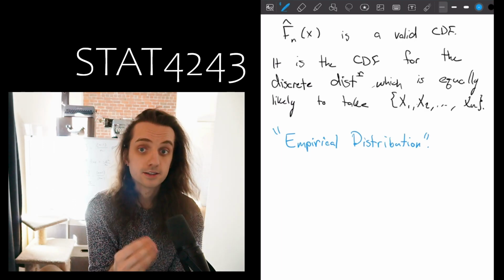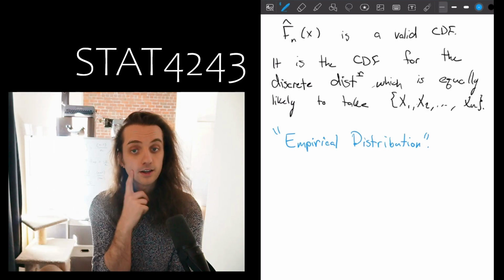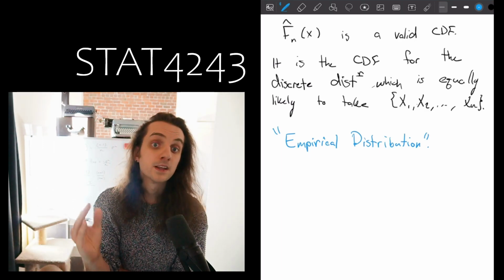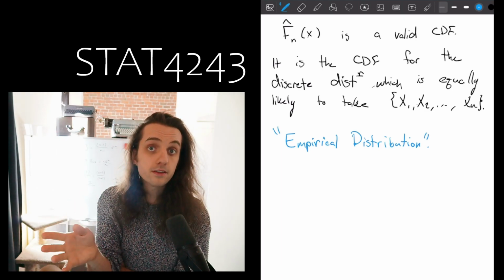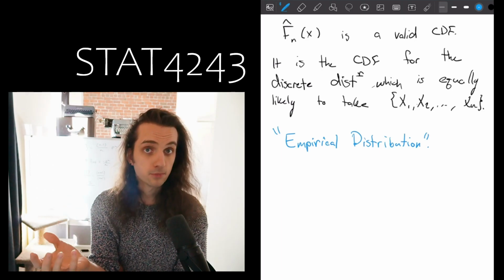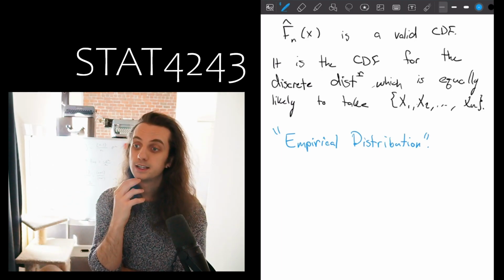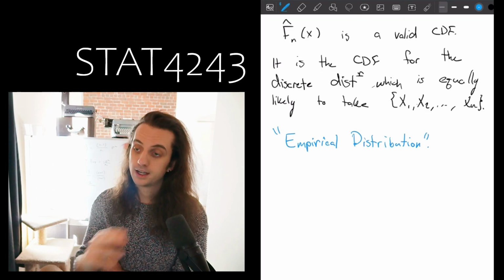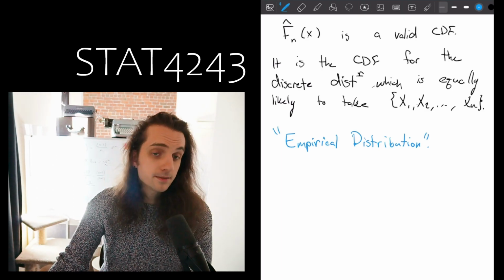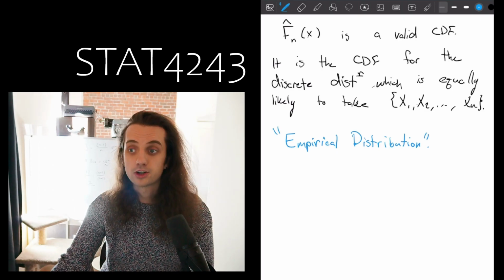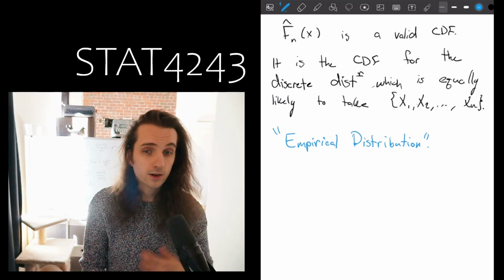So if you had a discrete distribution that took on each of these values with equal probability, this is going to be the CDF for it, right? And so both of these formulations are going to be important for us to really understand the properties of the ECDF.